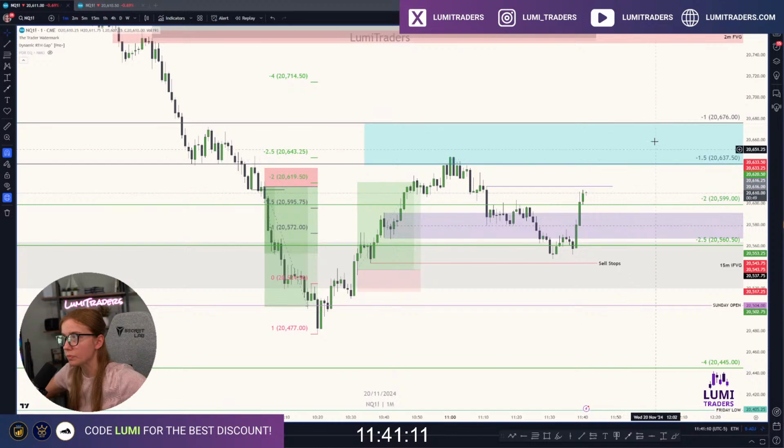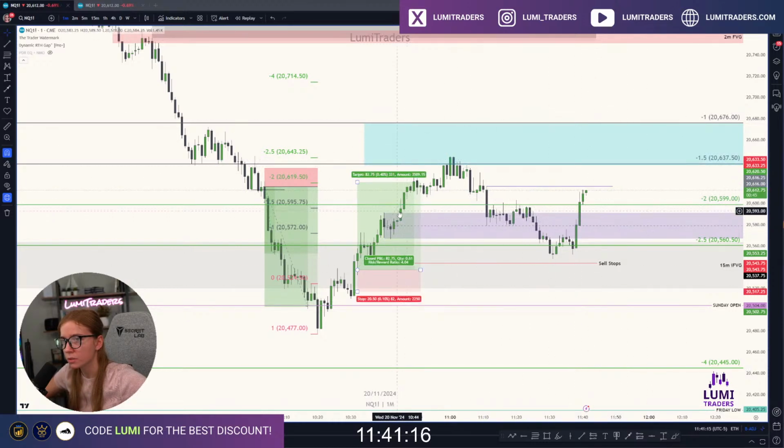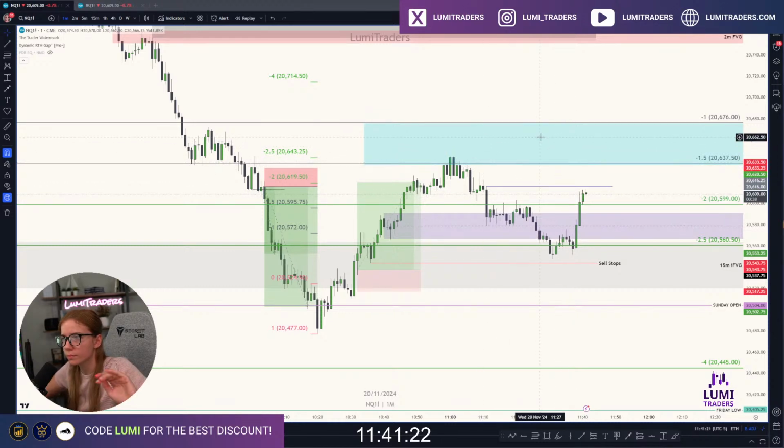So let's see. Just back above this order block again. Yes, I do use SMT between ES and NQ, but I don't use SMT between YM, ES, and NQ. Only ES for NQ, or NQ for ES. 26 candle.